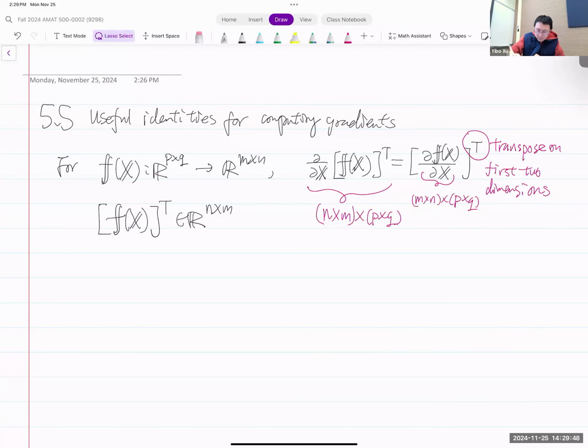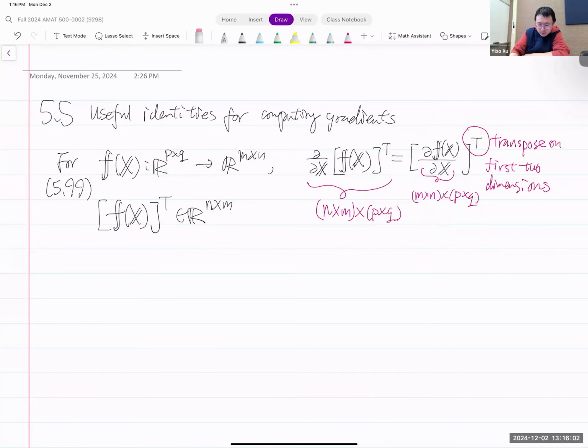So you notice if you compare the left hand side and the right hand side, this transpose looks to be swapping these two dimensions. Otherwise, it doesn't make sense. And this equation tells you that if I do the transpose of the output, then the resulting four-dimensional tensor, you need to do the transpose on the first two dimensions to get the new result.